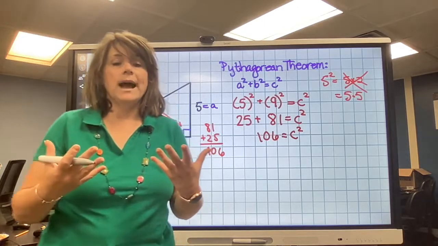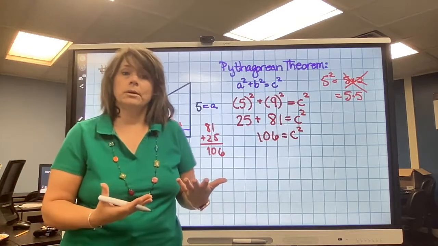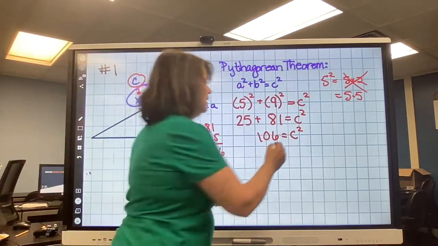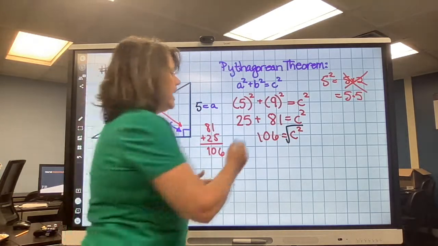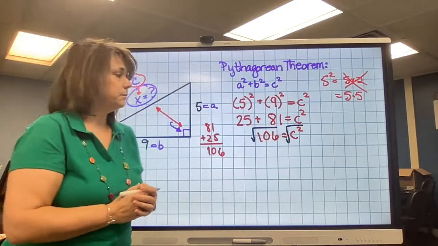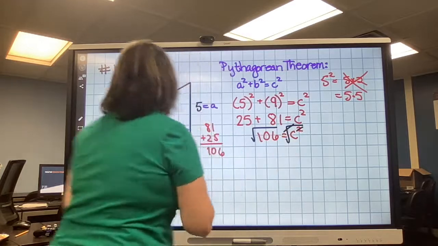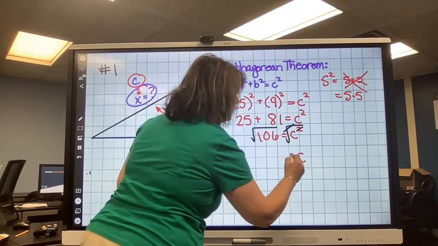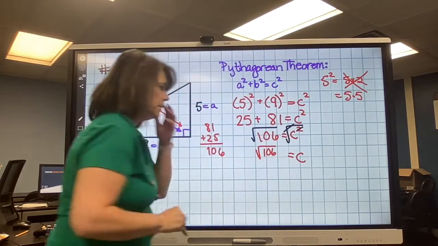We want to do the opposite operation of squaring something, which is taking the square root. And what we do to one side, we're going to do to both sides. So we're going to take the square root of c squared, and then we're also going to take the square root of 106. So when we do that, our squareds cancel out, and we're left with just c, and we have the square root of 106.